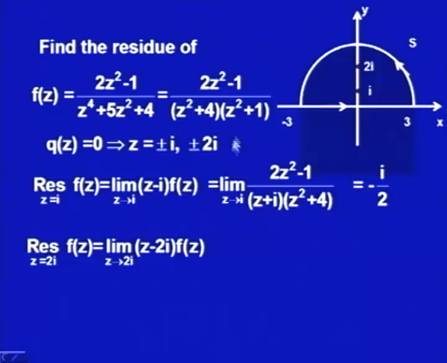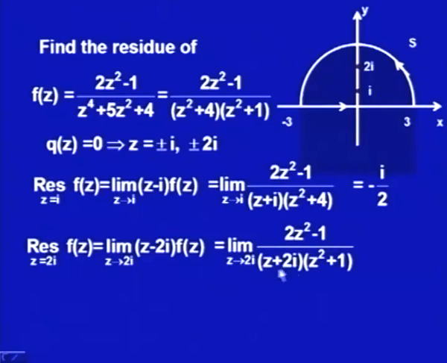So, the remaining function when we are multiplying it by (z − 2i) is (2z² − 1)/((z + 2i)(z² + 1)), and find out the limit as z is approaching 2i. That says is just we have to evaluate this function at z = 2i.